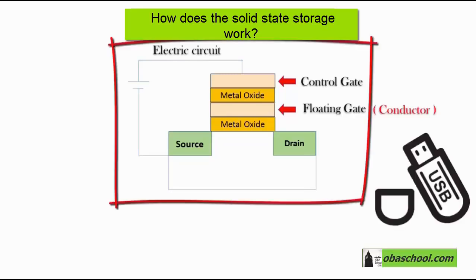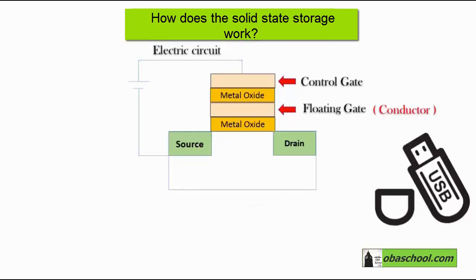So the figure that we are looking at now is inside the USB, which is a solid state storage. So how does it work inside the USB? If we give the electric circuit a low voltage, then the voltage will travel like this. Look at the red arrows. They will travel to the source and then go to the drain.